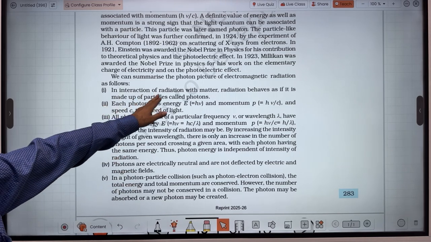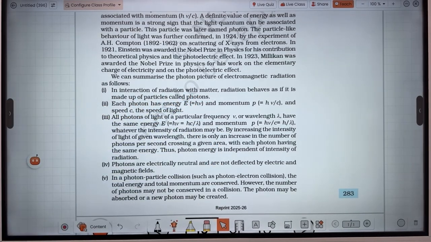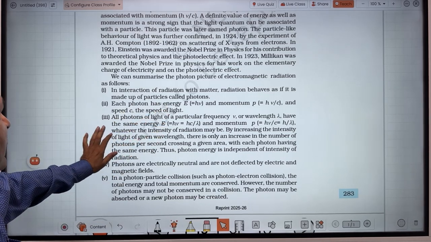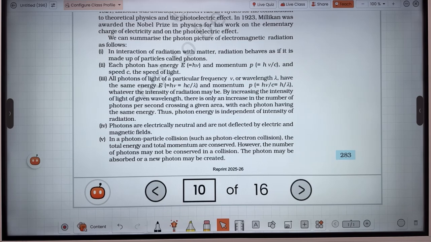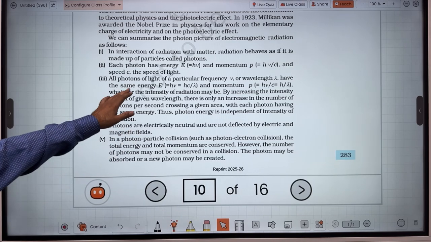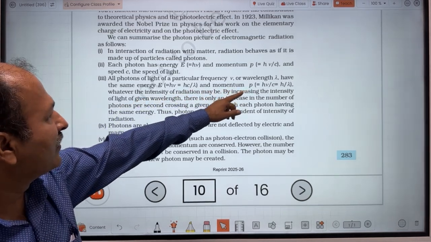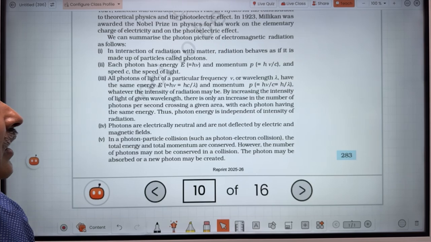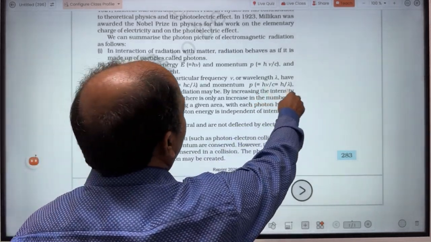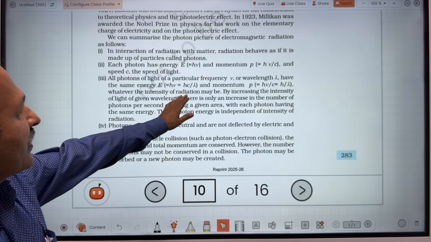In the interaction of radiation with matter, radiation behaves as if it is made up of particles called photons. Each photon has energy equal to h nu and momentum p equal to h nu upon c, where c is the speed of light. All photons of light of a particular frequency nu or wavelength lambda have the same energy, equal to h nu or hc upon lambda, and momentum h nu upon c or h upon lambda, whatever the intensity of radiation may be.